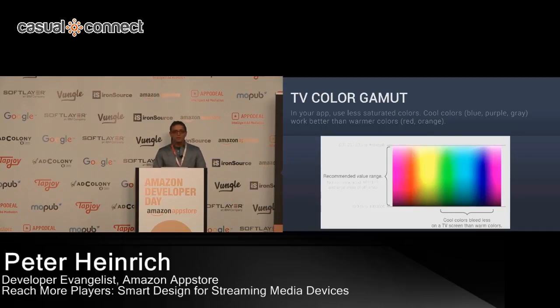And cool colors like blue or gray or purple definitely work better than warmer colors like orange or red, which have a tendency to bleed across the screen. So a good rule of thumb is just avoid oversaturated colors. Basically, if you keep your RGB values below 235 and you avoid broad areas of white, bright white, or off-white.